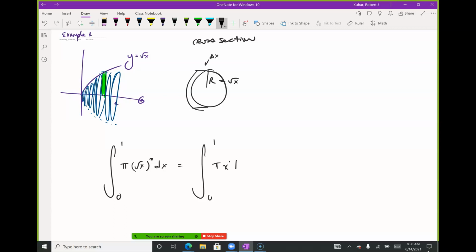So just pi x dx, which is pi times x squared over 2, which is pi over 2. That's the volume. Pi over 2 units cubed, who cares? Let your science teachers take care of your units for you. Right, in physics, the units are going to be hideous.